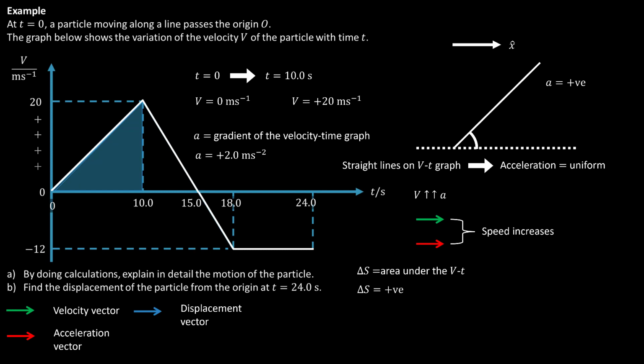So the displacement covered over the time interval 0 to 10.0 is plus 100 meter. So the plus is telling us that the particle has covered 100 meter in the direction of x hat.